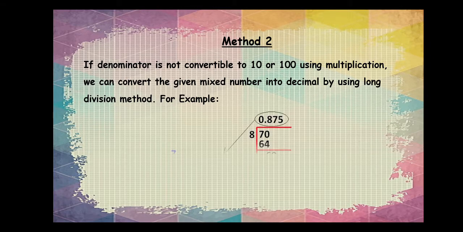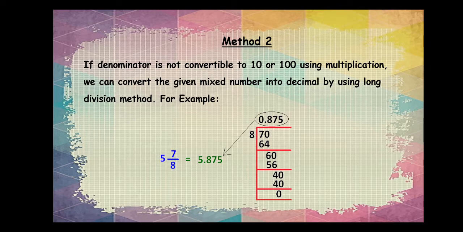For example, here we have 5 whole 7 upon 8. So 5 is the whole number and 7 by 8 is the fraction. In this fraction, 8 is the denominator and we cannot convert 8 to 10 or 100. Then we divide 7 by 8.